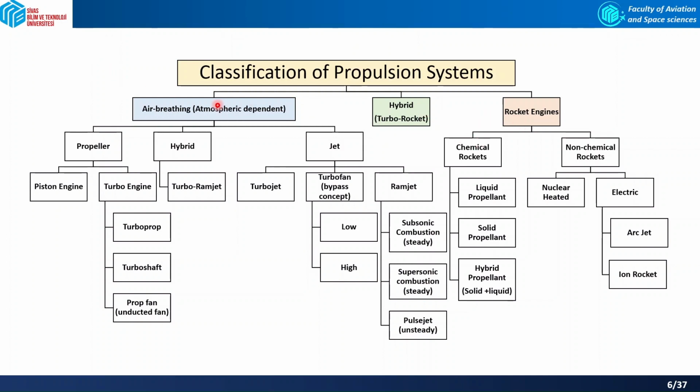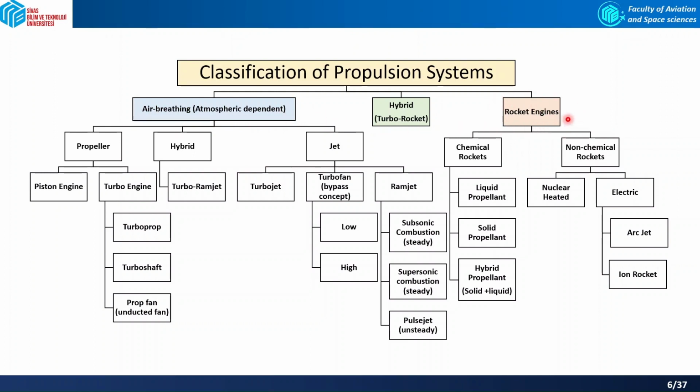So first of all, we can classify the propulsion systems into three main classes. The first one, which is the most extended one, is the air breathing or atmospheric dependent class.